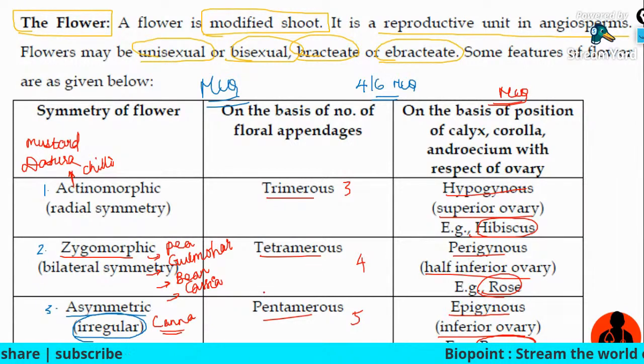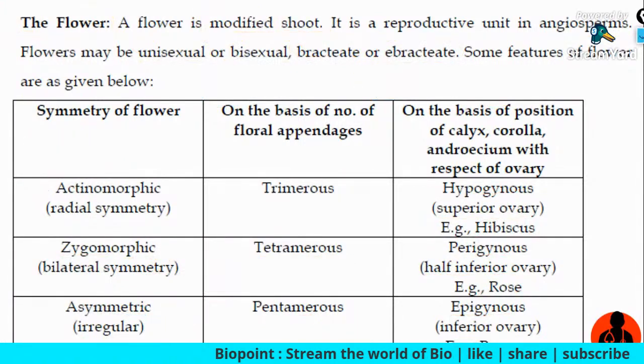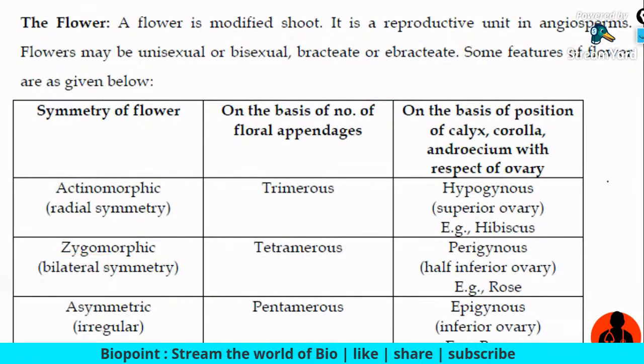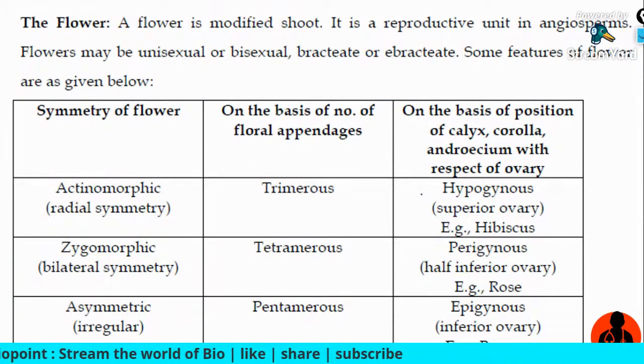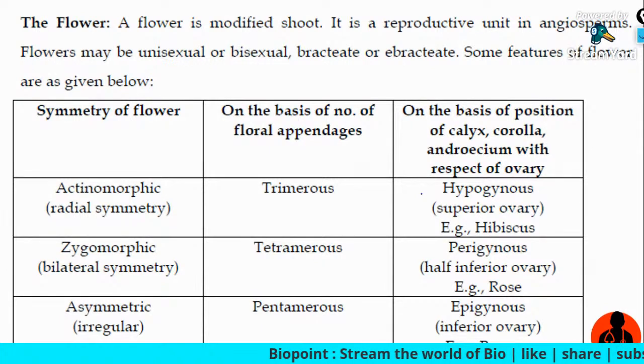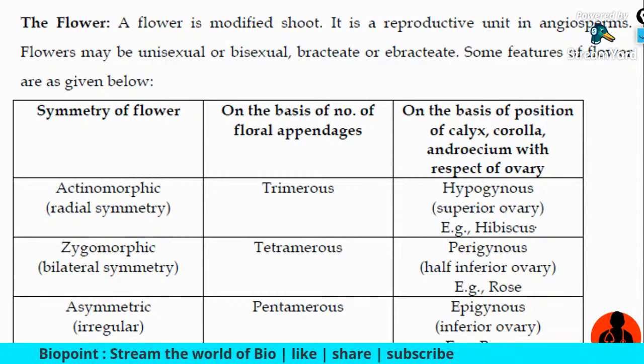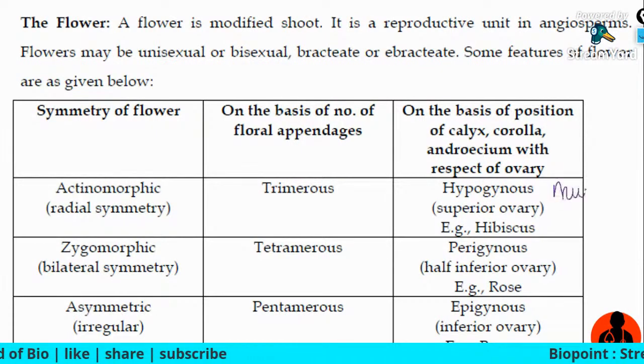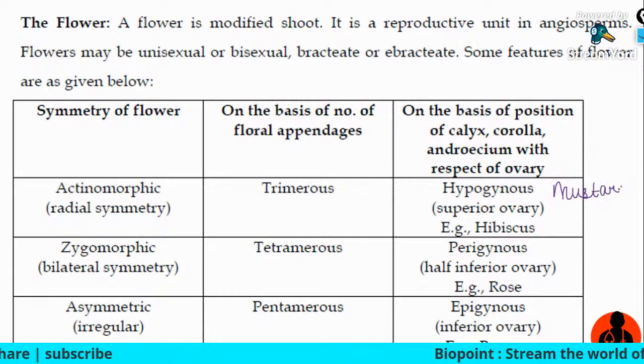Superior ovary, that is hypogynous ovary. Once again, I will include the points. In hypogynous flowers, the gynoecium occupies the highest position, while the other parts are located inferior to that. They are said to have a superior ovary. For example, hibiscus, China rose, mustard. Other examples in your NCERT are mustard, China rose, brinjal.